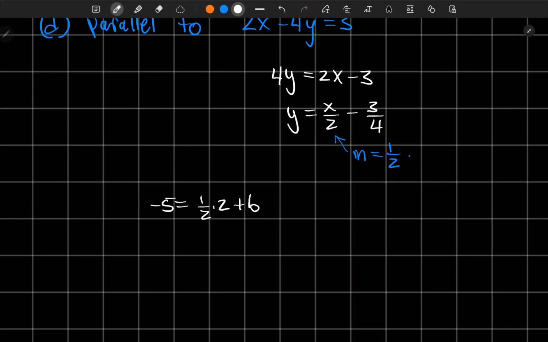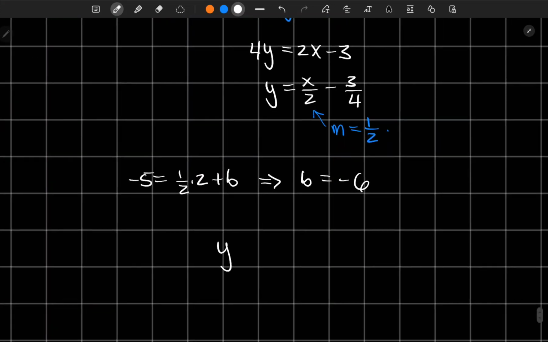And we find the 2 and the 1/2 cancel to become 1. And so, solving for b here, we get that b is equal to -6. So, at the end, the equation for the line that we're looking for is given by y is equal to 1/2 x minus 6.